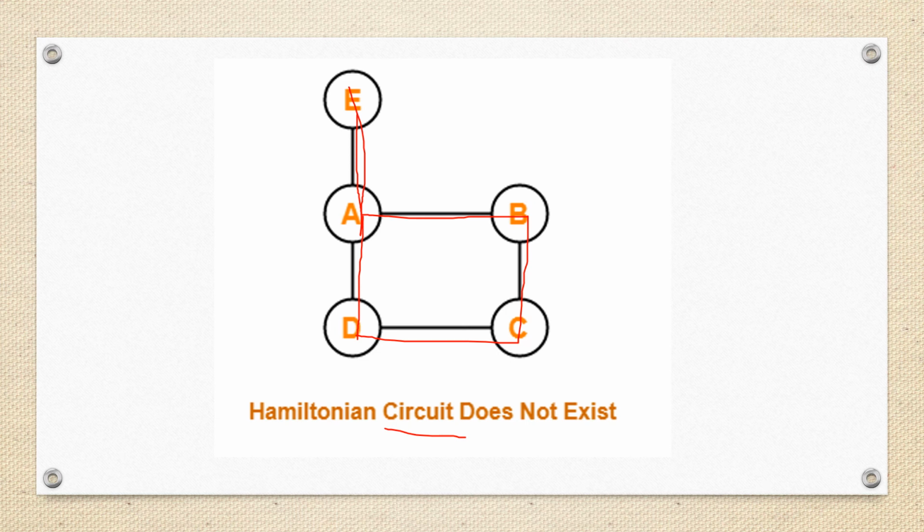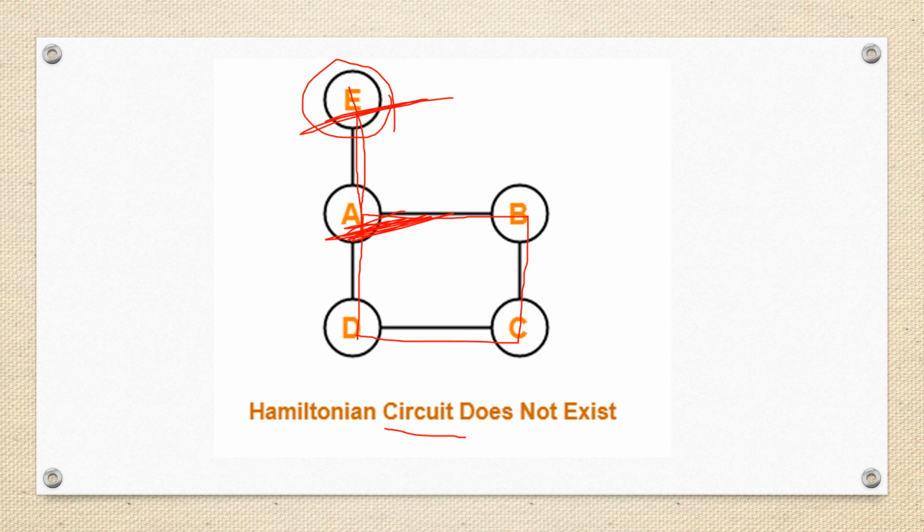So, ang ibig sabihin niyan, ginamit ko ang A ng 2 beses, which is hindi dapat. Kasi the only vertex na pwede kong gamitin ng 2 beses is yung starting vertex lang, which is ang E. Yun lang dapat ang pwede kong gamitin ng twice.